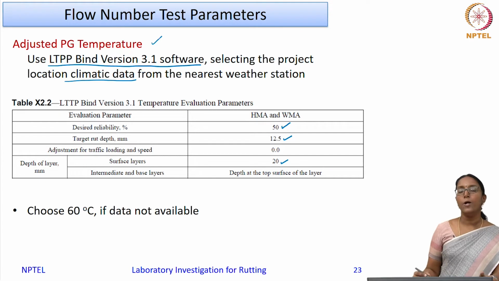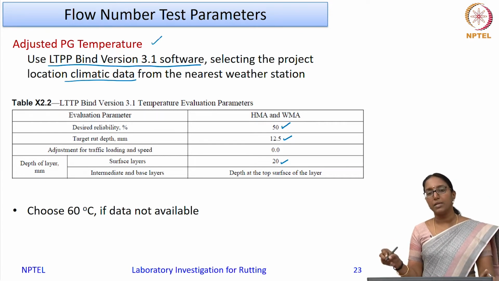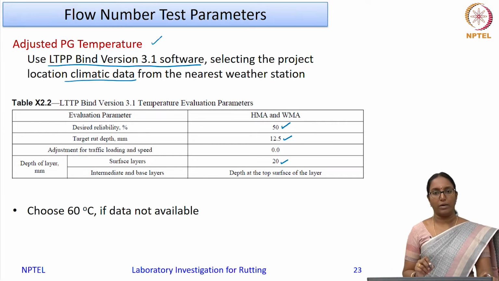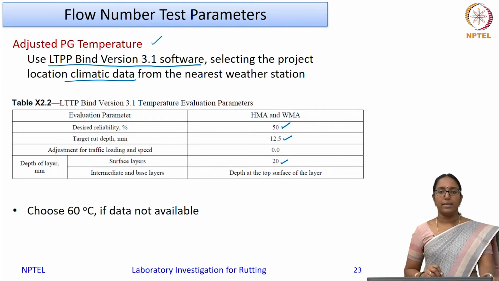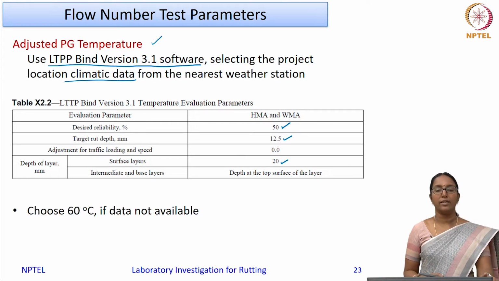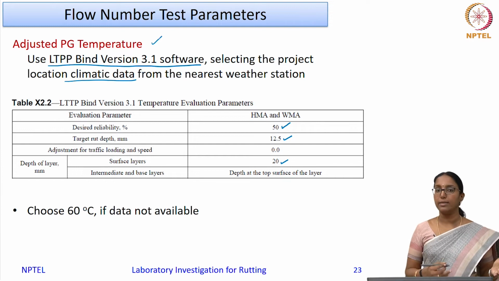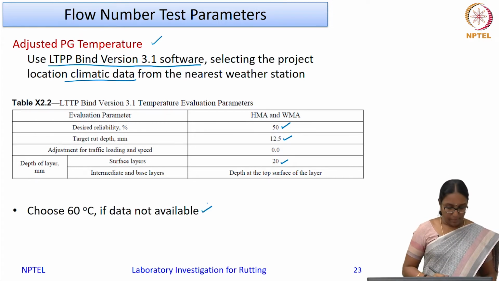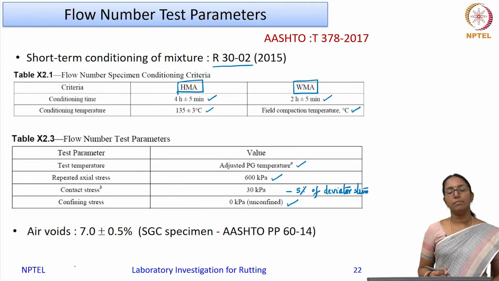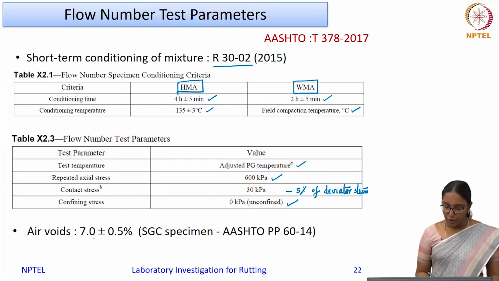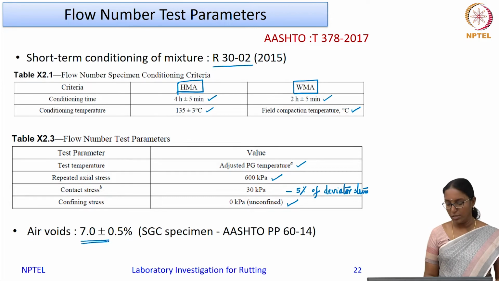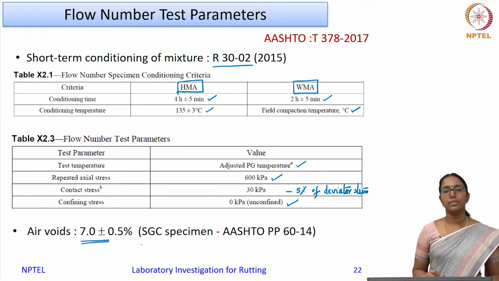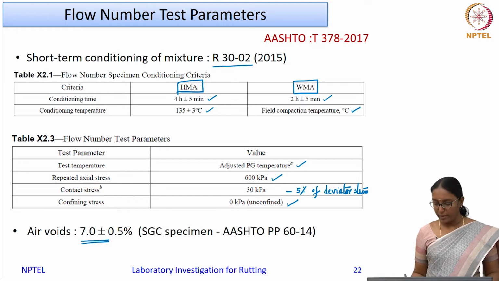This is how you find the temperature at which you have to do the flow number testing. But if this information is not available, normally you do it at a higher temperature, say 50 or 60 degrees Celsius. Now, the specimens are to be cast at an air void of 7%, using a Superpave gyratory compactor as per AASHTO PP 60.